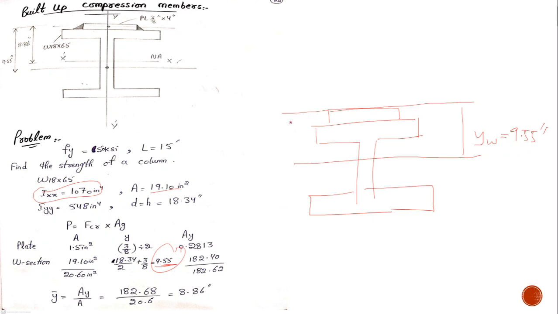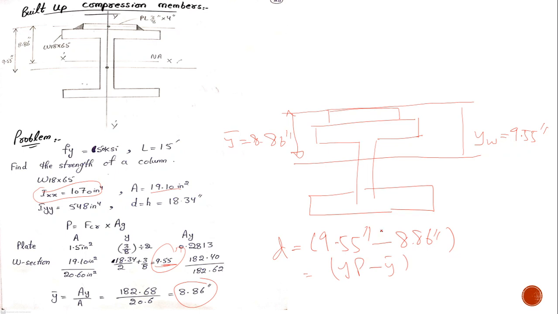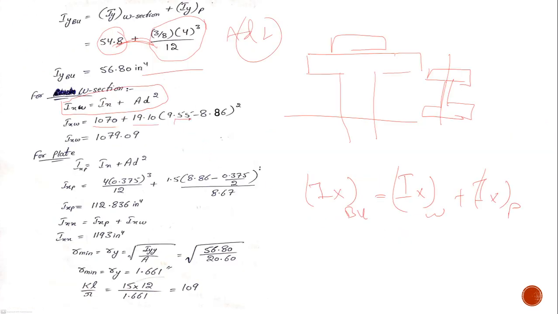However, the neutral axis of the entire built up section was found out to be 8.86 inches here. So D would be simply the difference between 9.55 inches and 8.86 inches. That is Yp minus Y dash. It has been done here. So I have found Ix of W section to be this. Next, I have to find the Ix of plate. So I'll be using the same formula.